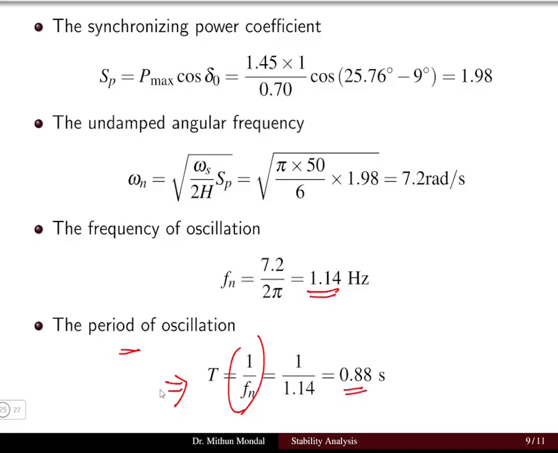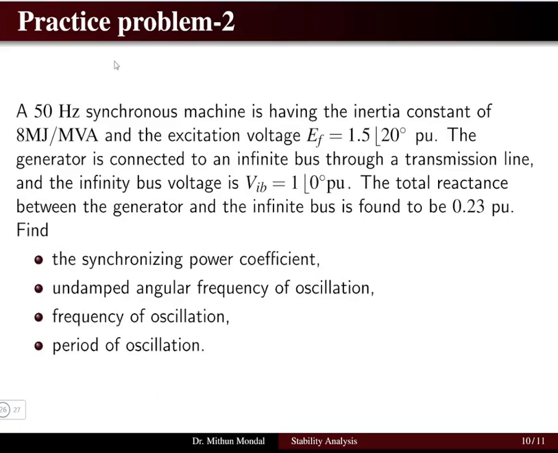So this completes the second problem, and based on this we can solve one practice problem, where a 50 Hz synchronous machine has an inertia constant of 8 megajoule per MVA. So frequency is 50 Hz and the value of H is 8 megajoule per MVA. The excitation voltage is 1.5 angle 20, which is the generator voltage. The generator is connected to an infinite bus through a transmission line, and the infinite bus voltage is 1 angle 0.